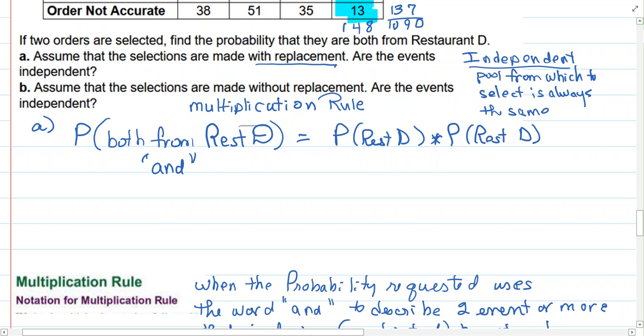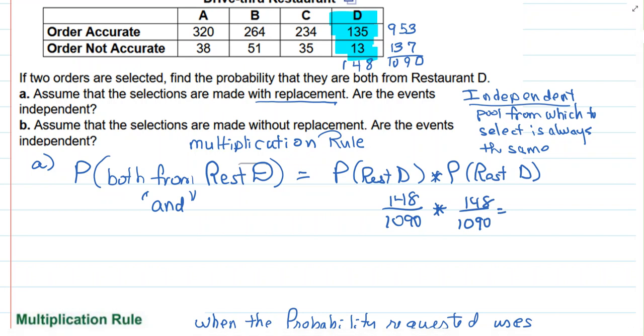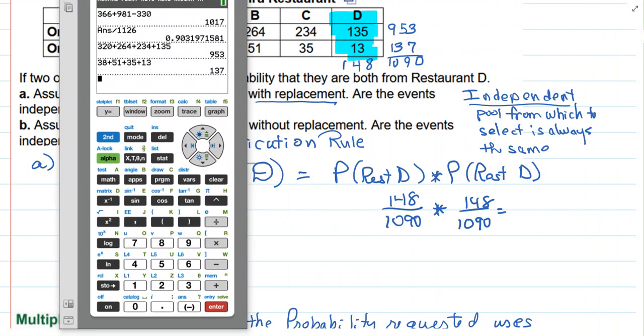So in this case, restaurant D was 148 over the 1090 times the 148 of the 1090. All right, so here we go. And I didn't intend to make that mistake. I caught it and I forced it and I went, no, that'll be wrong. So here we go. I apologize.